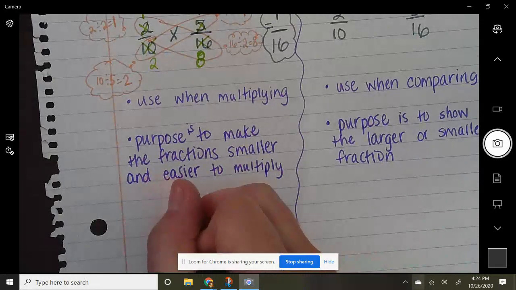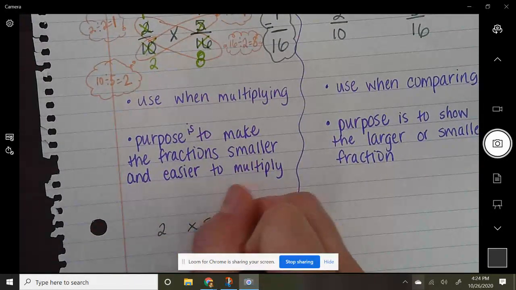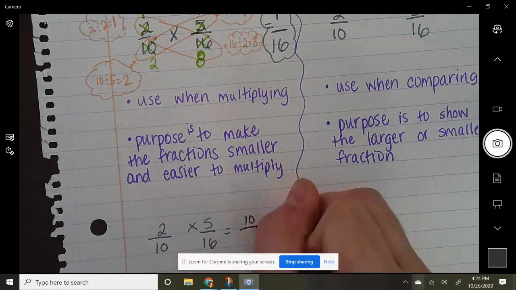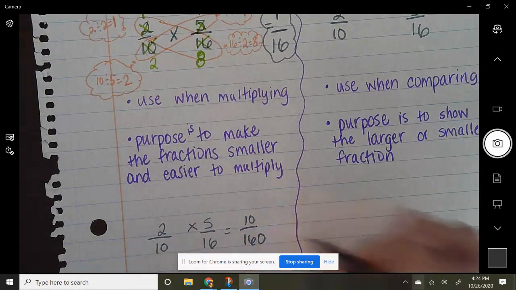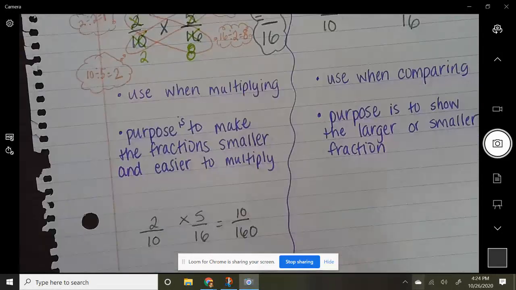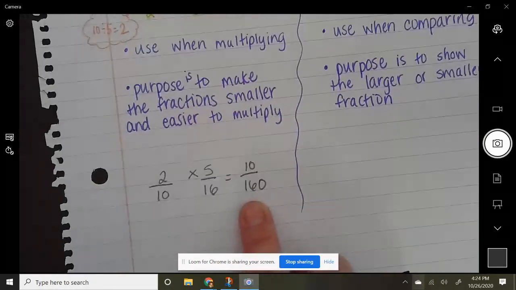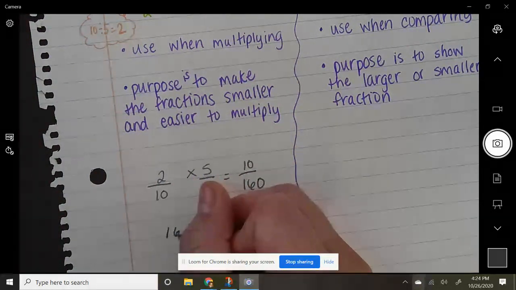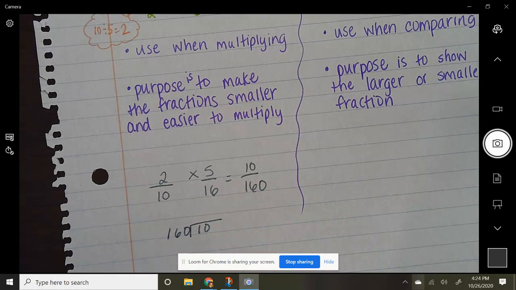I could have easily just done it the regular way. And then I would have 10, and then I'd have 160. And then I have to simplify by dividing. You can do it that way. Absolutely.